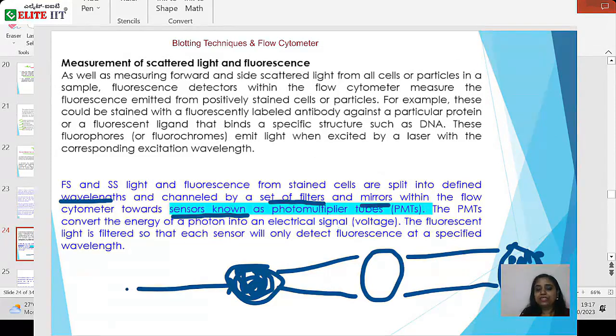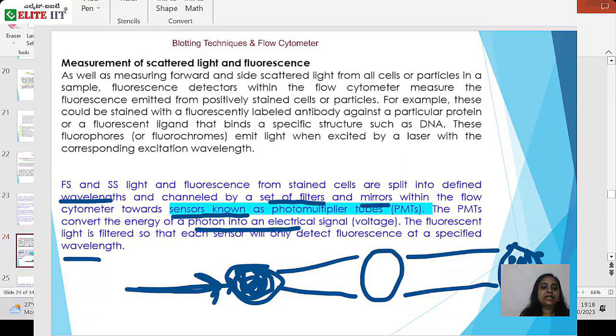Up to the laser beam, it is photon, light particles. Now the photon is converted into an electrical signal, and you will get a voltage result. Fluorescent light is filtered so that each sensor will only detect fluorescence at a specific wavelength. So in this way, detection is done. FS detection, SS, and fluorescence detection is done in this way.